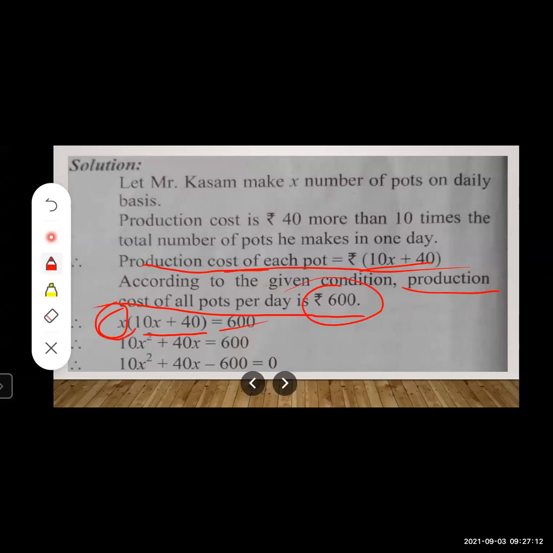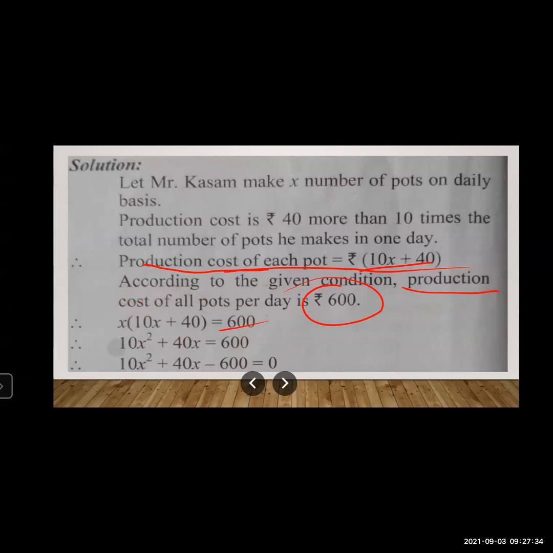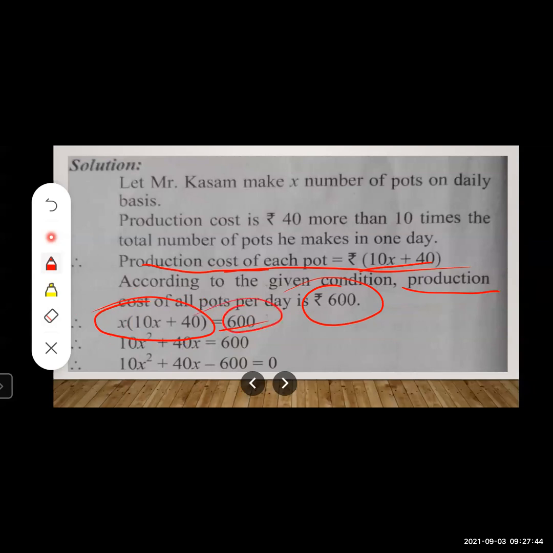How many pots does he make every day? X. What is the cost per pot? 10X plus 40, right? So you know the cost of all pots he makes on a daily basis, and that is nothing but 600.